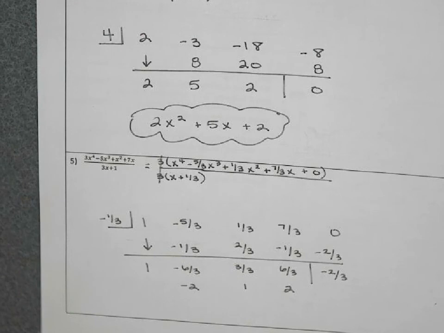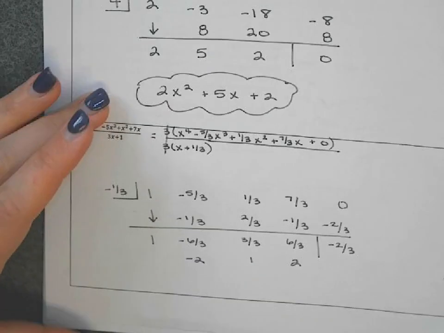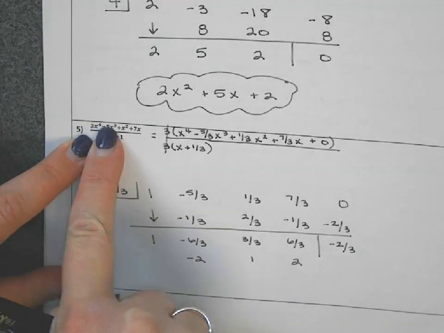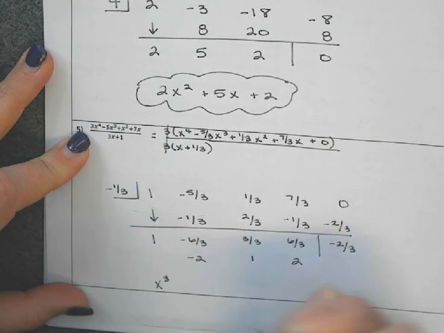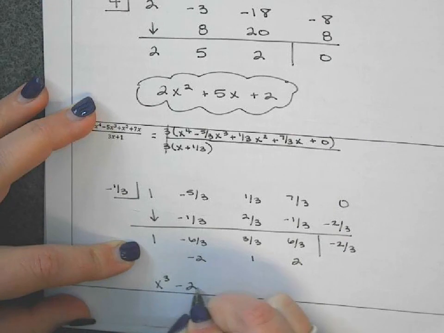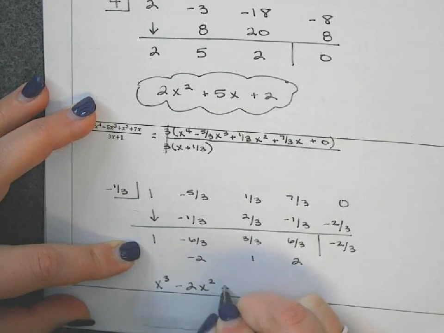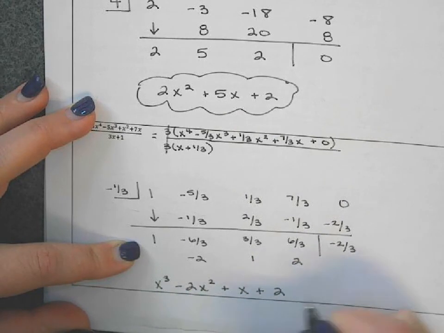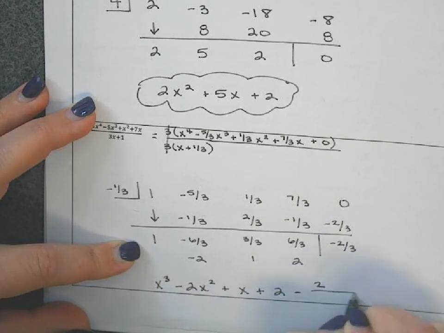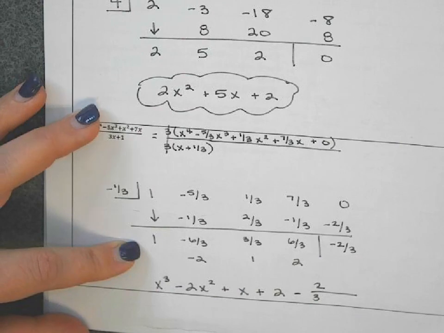That looks pretty messy, but I'll write out what the answer would be. Since this was an x to the 4th, this dropped to a 3rd, so x to the 3rd minus 2x squared plus x plus 2 minus 2/3 is how we're going to write that fraction.